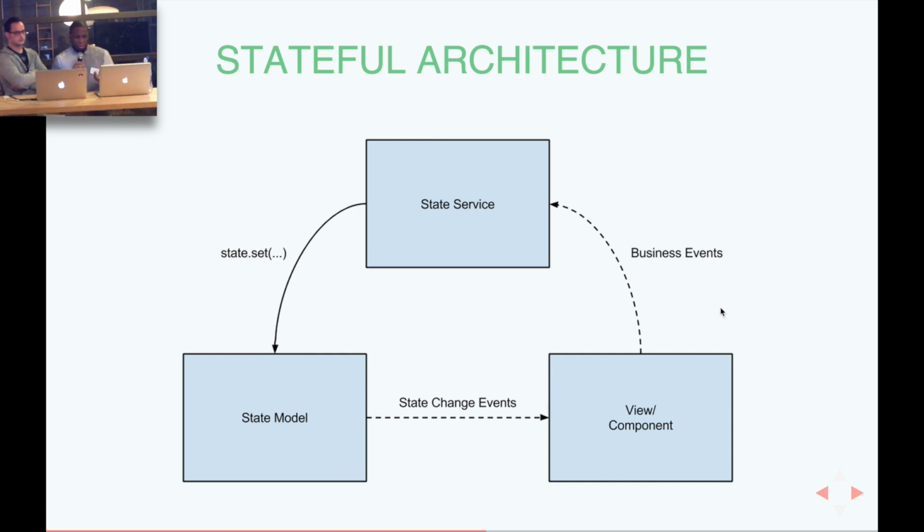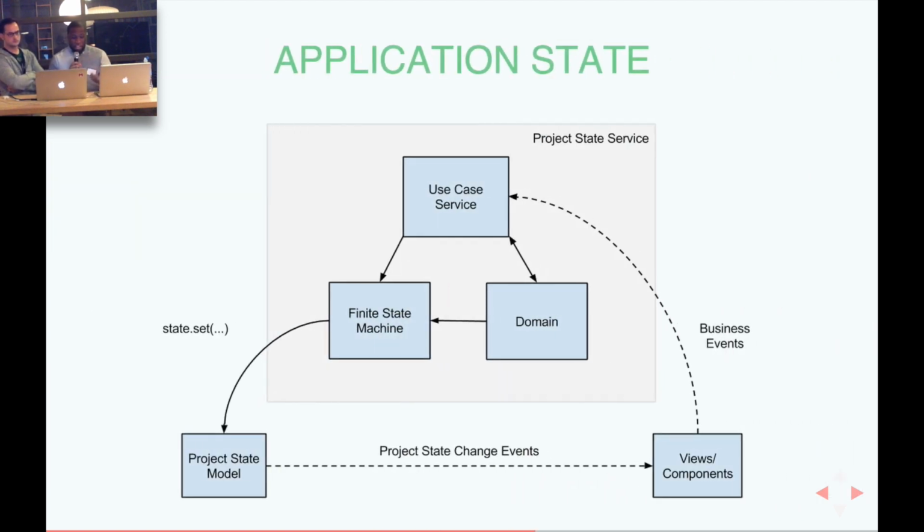So yeah, our first implementation of this unidirectional state architecture was at the highest level, and it was on the application state. And this is where, I don't know if I said this before, we are talking about the project viewer in this case. So basically, we have the component, and the component would send a business request to the state service.